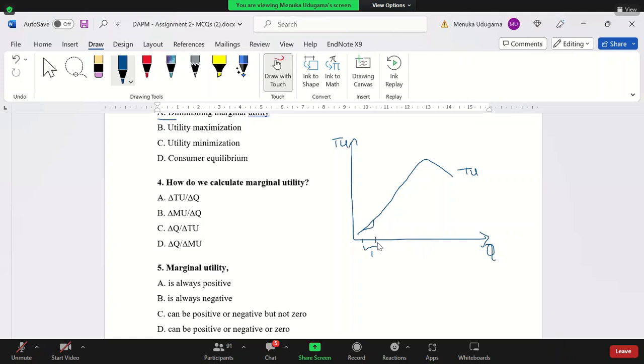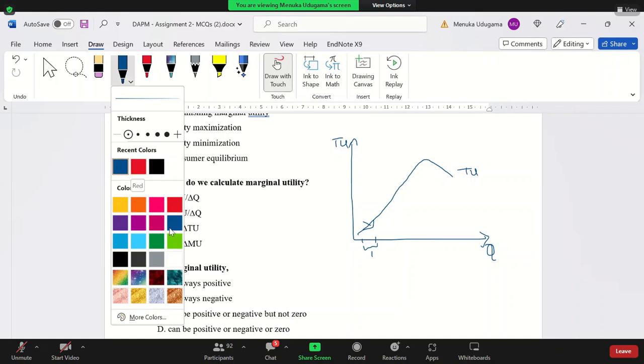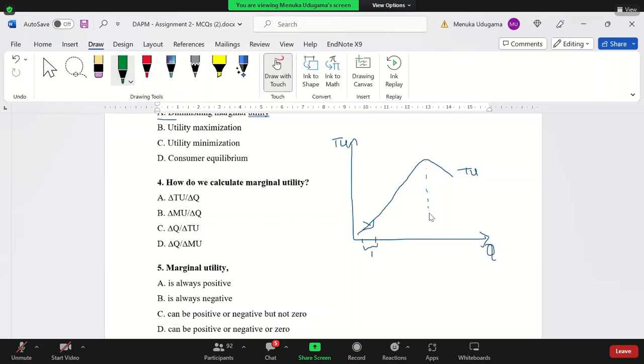So that's called marginal utility. Therefore, marginal utility is the slope of the total utility function, and if you plot that on the same graph, you will see that when total utility is a maximum, the marginal utility becomes 0. Now this is the marginal utility.